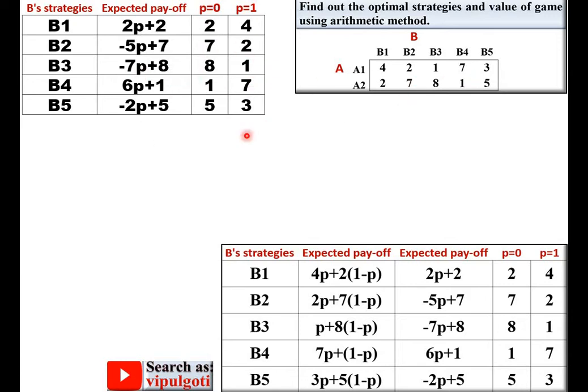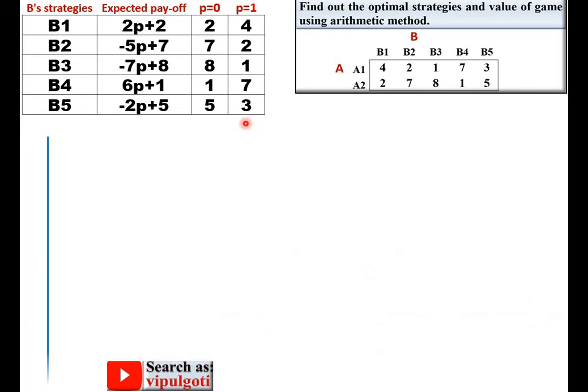Directly you can write like that from this value. This is only for understanding why we have written the expected payoff for the B1 strategy, which I have explained here. But if you don't want to waste time in the examination, then you can directly write these rows in the form of columns. But keep in mind that P is equal to 0 is your second row, and P is equal to 1 is your first row.